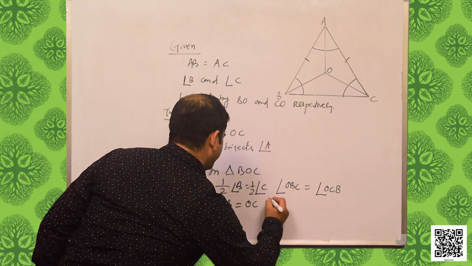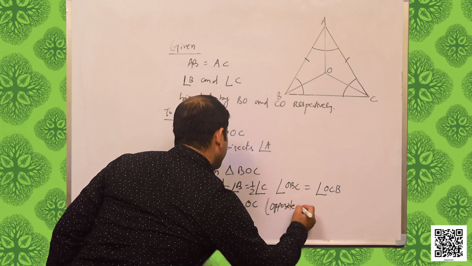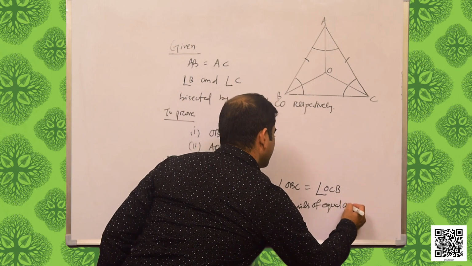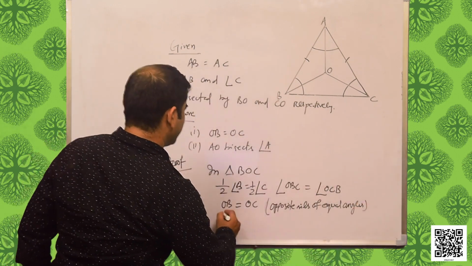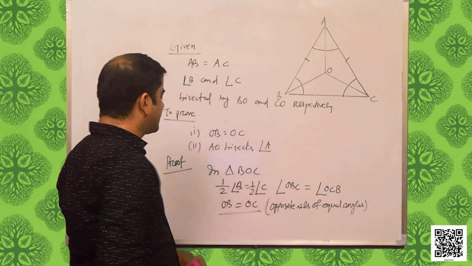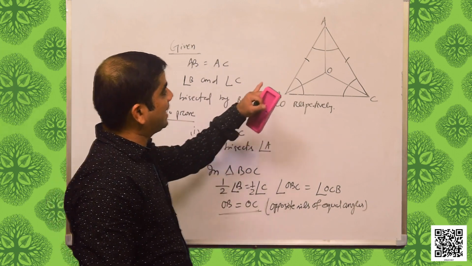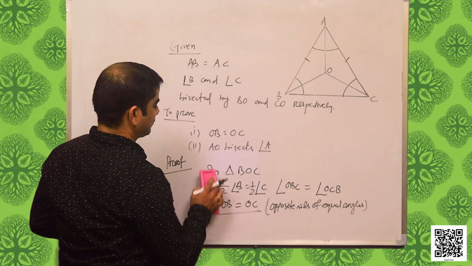Now we can use this data to prove the congruency between triangle AOB and AOC. Let us do that.